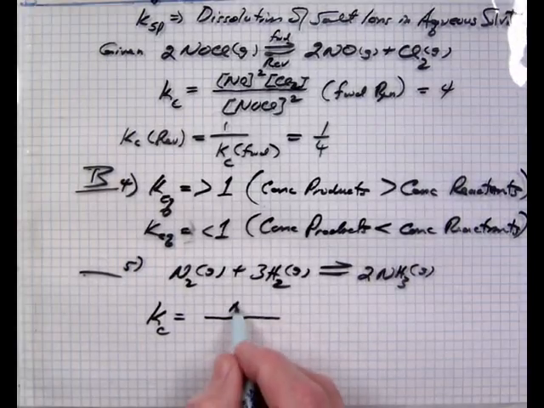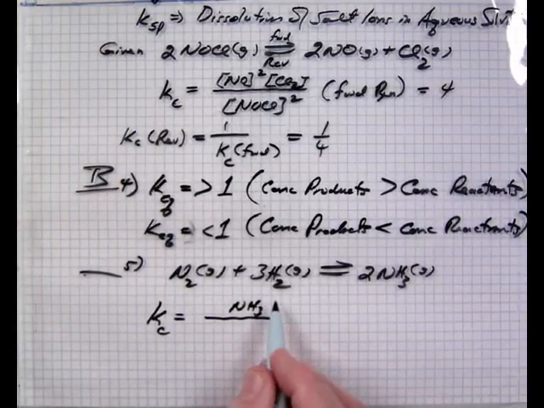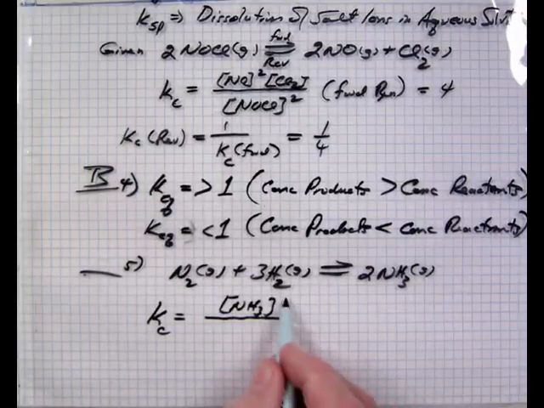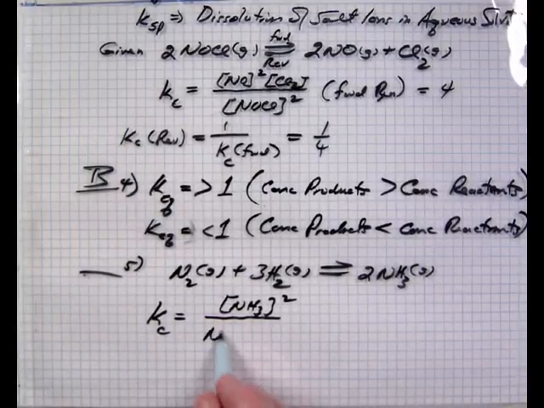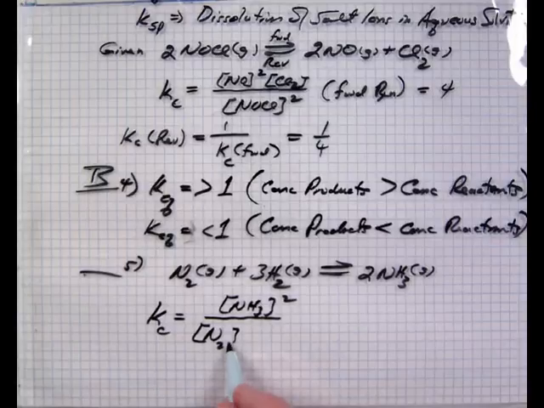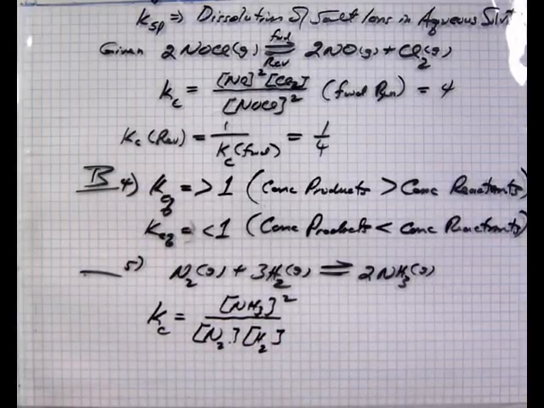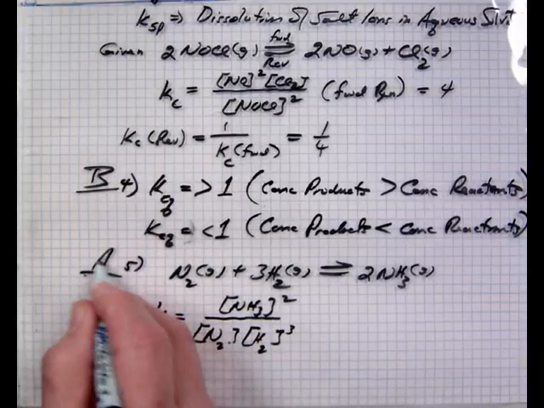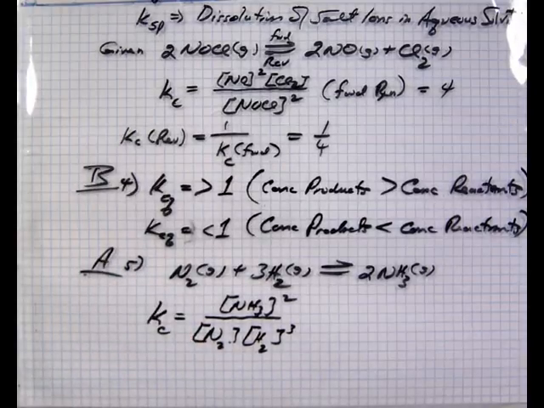So we want to look at the NH3 gas concentration squared, over nitrogen molar concentration to the first power, and the molecular hydrogen concentration to the third power. And so that one looks like the A choice, products over reactants. Yes. Any questions about that?